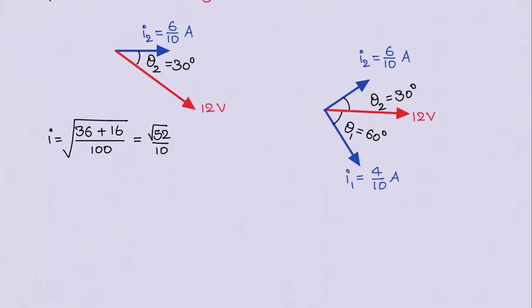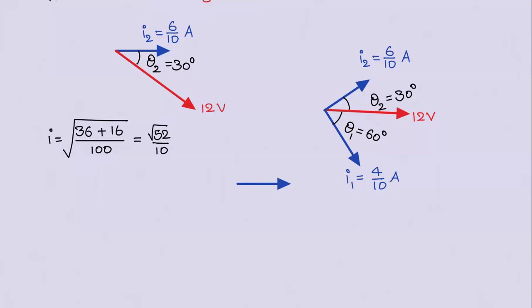If you want angle, then how do we do is that we resolve it parallel and perpendicular. So parallel part of current will be 6 by 10 cos 30. What is cos 30? Root 3 by 2, right?